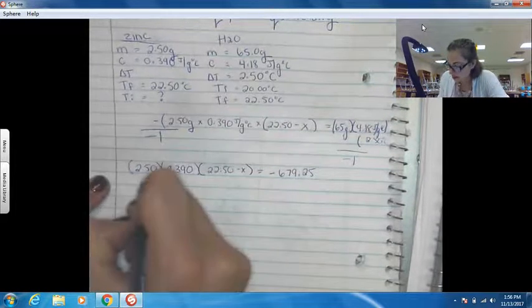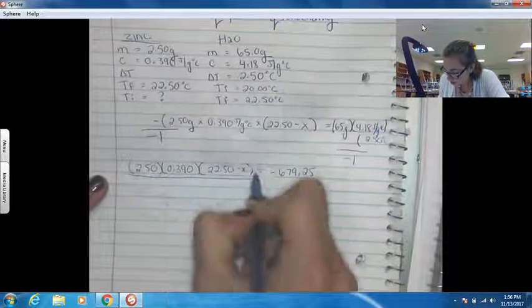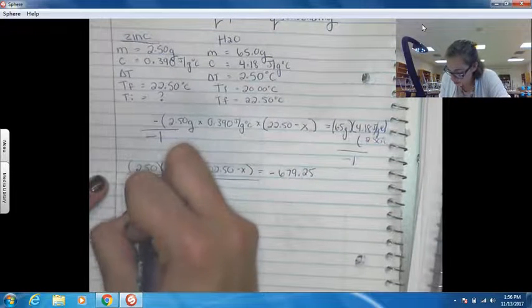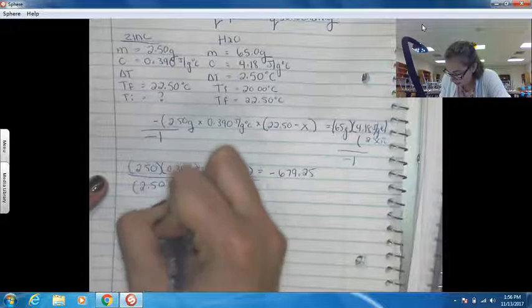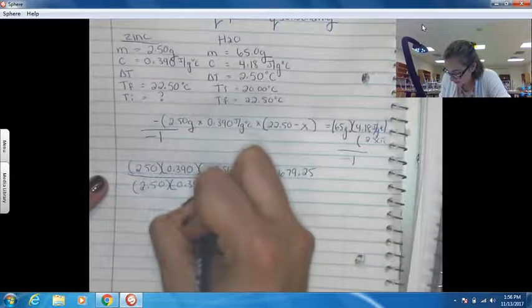All right, now I want to divide both sides by 2.5 and 0.390.